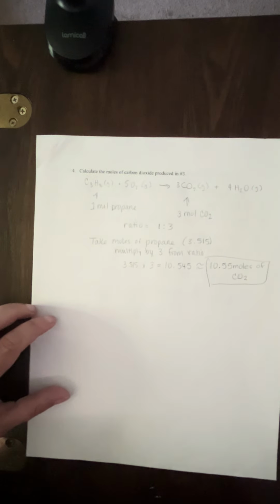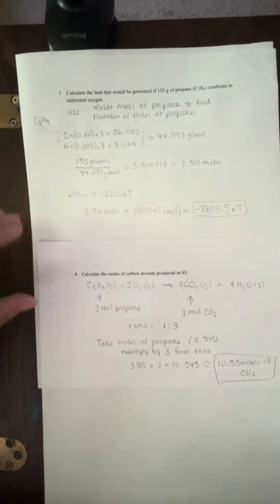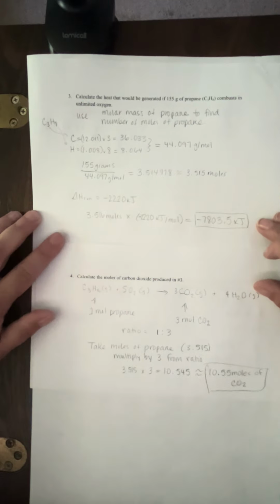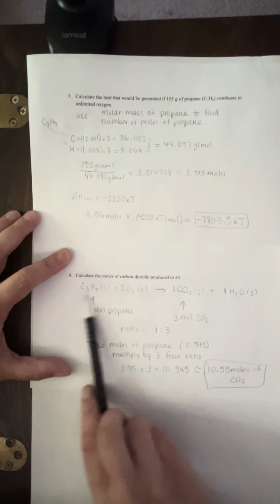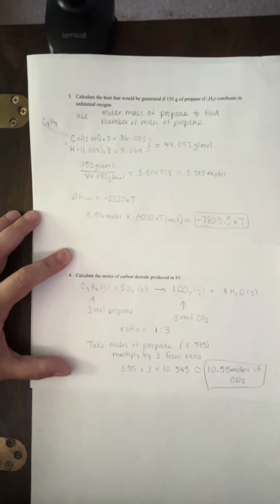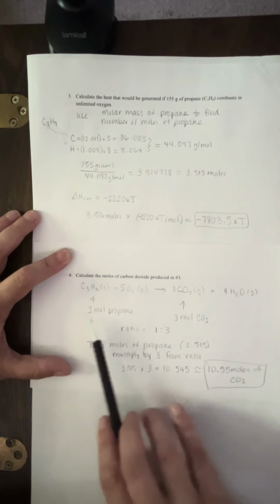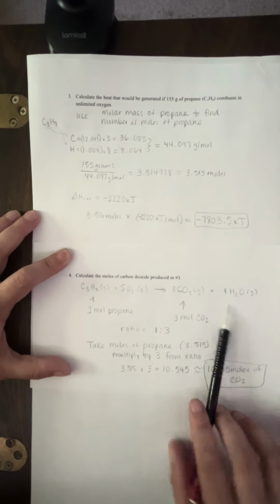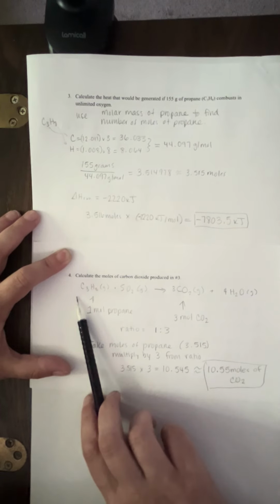Number 4: calculate the moles of carbon dioxide produced in the previous question. We took the equation that shows this reaction and compared how many moles of each we have.